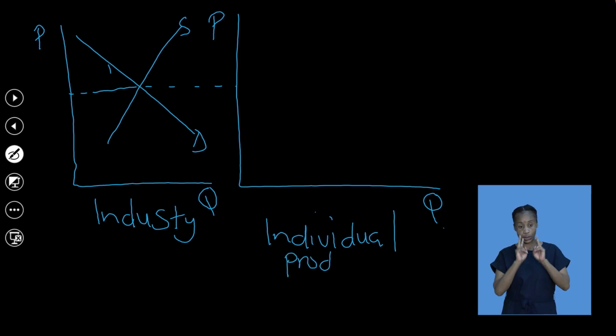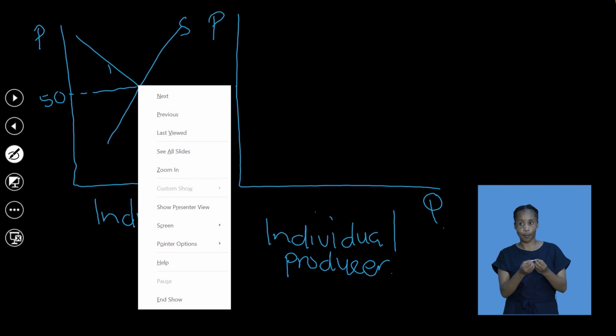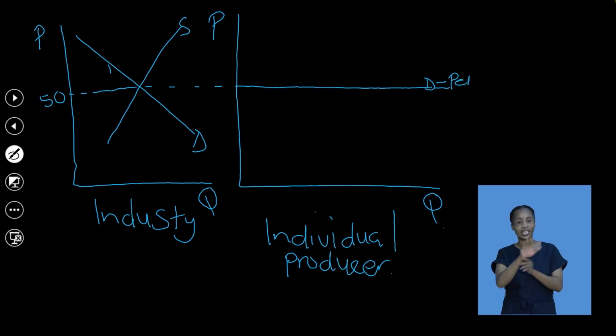Now let's just check. So this is where we were. This is our individual producer, and this is our industry. Our industry had agreed a price, where the forces of demand and supply put our equilibrium at 50, which means that this perfect competitor was selling its products at 50 as well. So D equals P equals AR, also equals MR, was sitting at 50.